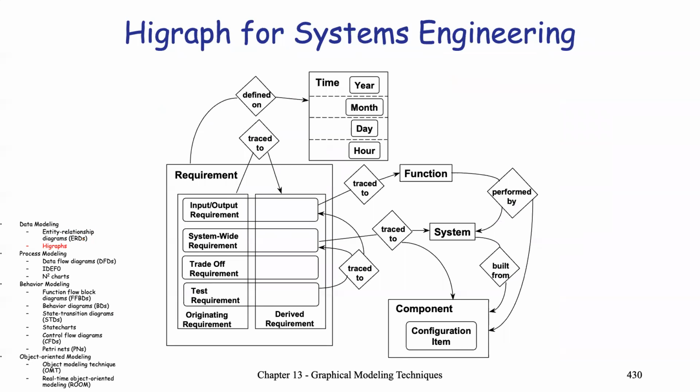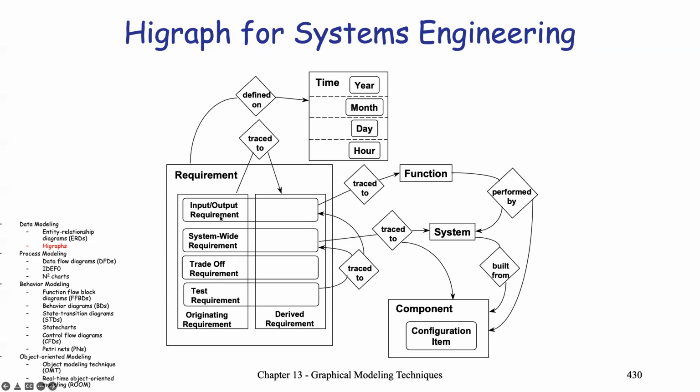For a hi-graph for system engineering, we have talked about directed graphs or digraphs, and now we're talking here about hi-graphs. And we see the relationships between various elements. So we have a relationship between the requirements, the functions, the system, and the components. And then we see how there is a temporal component that is also shown here.